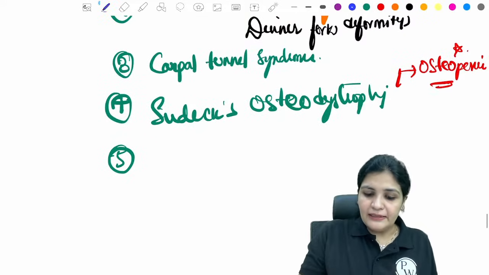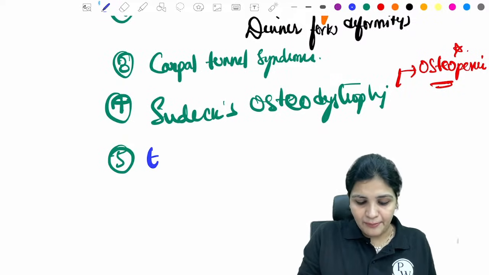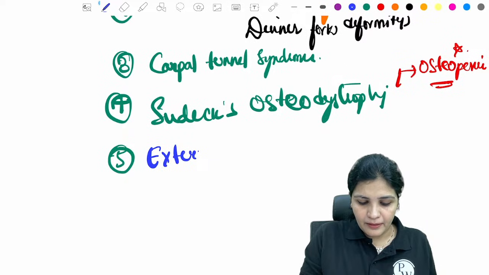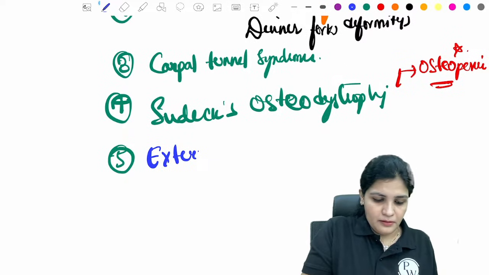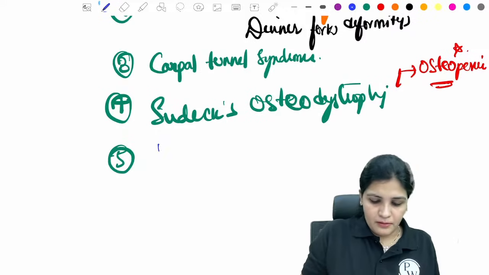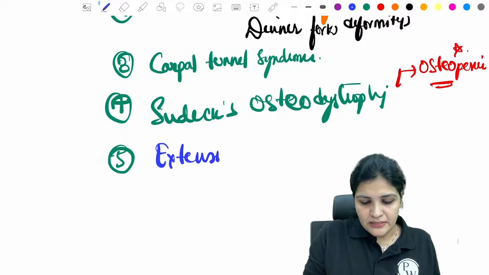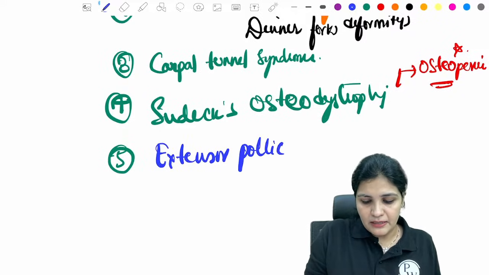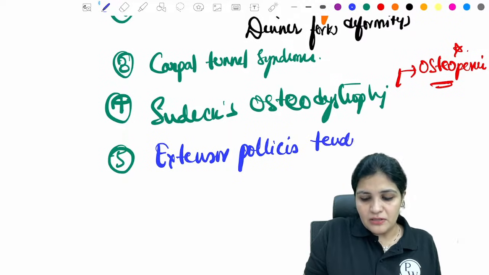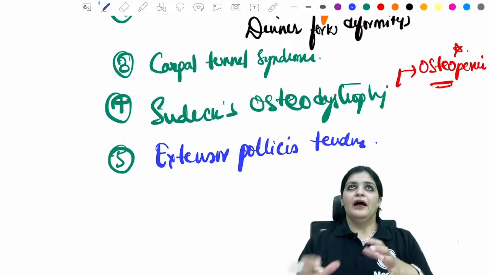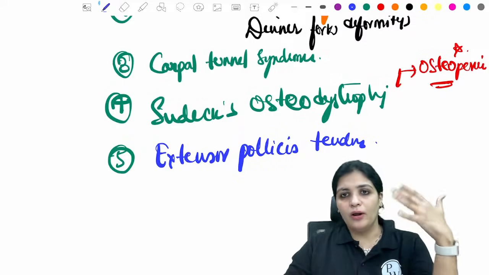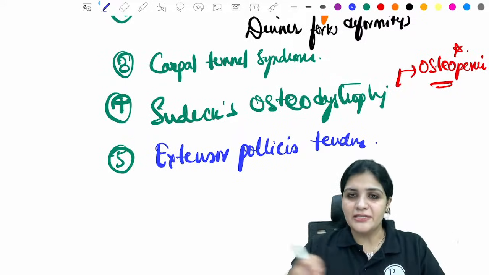There is one more tendon which is usually damaged, the extensor pollicis tendon. As we treat the fracture, or because of the malunion, this tendon gets rubbed over the fracture and sometimes it gets damaged.